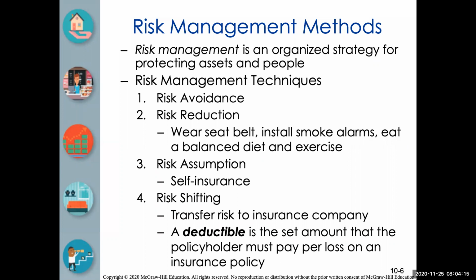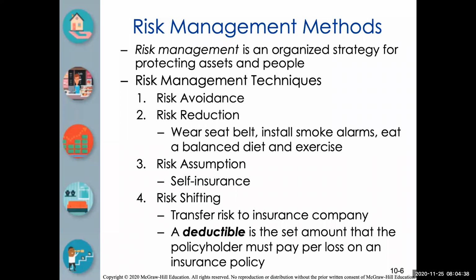The third technique is risk assumption, where we as individuals say, I am going to assume the risk that I'm looking at, and I'm going to take responsibility for the expenses of what happens in the event of a peril.